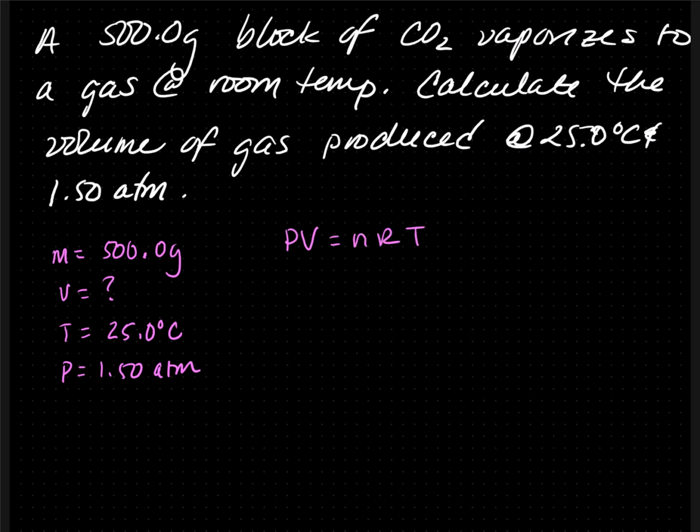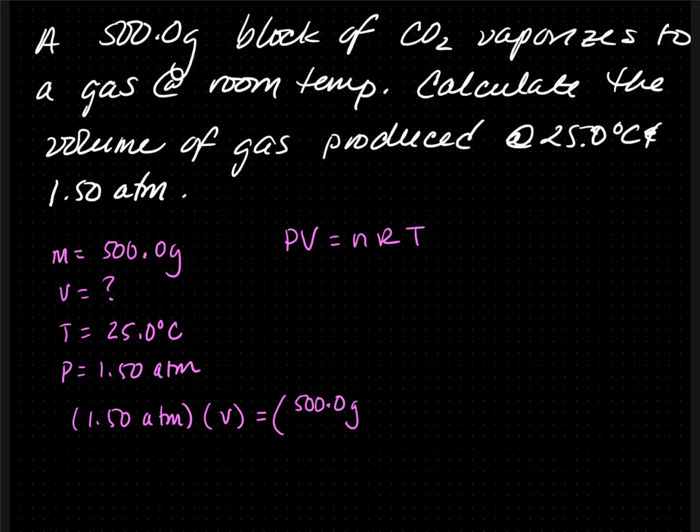So now I'm going to plug in. The pressure is 1.50 atm. The volume is what we're looking for. We don't know the moles, but we know mass, so we can use molar mass to convert to moles.